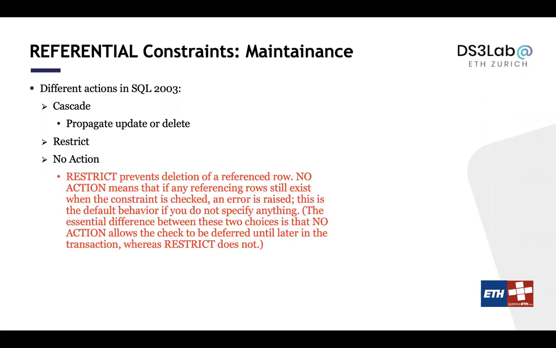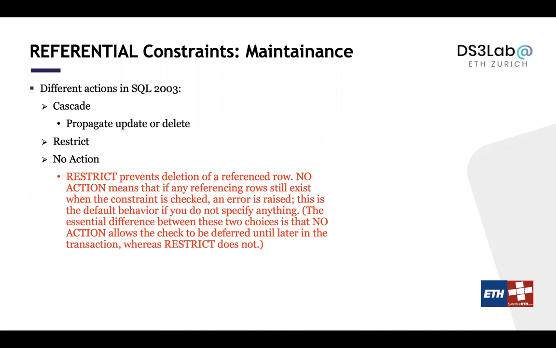Essentially, if you do restrict, it prevents the deletion of a referenced row. So, going back to the previous example, you have Takes and Students. If you try to remove some row in Students and the maintenance mode is restrict, it's going to throw an error.